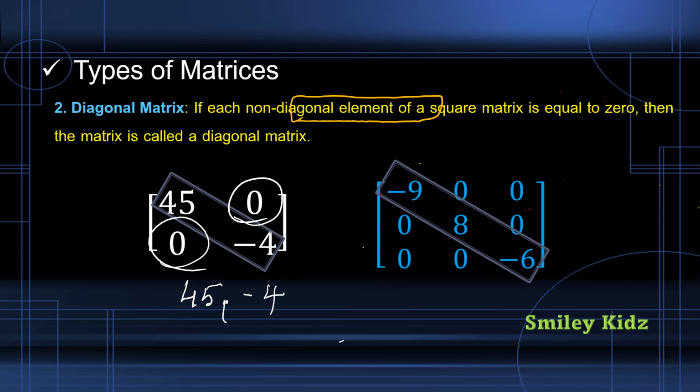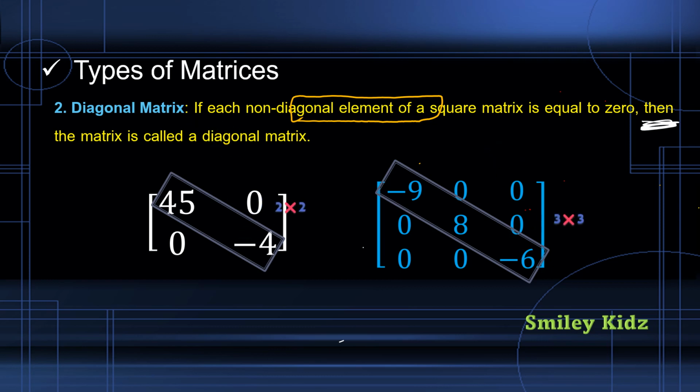Now, here, what is a diagonal matrix? If each non-diagonal element of a square matrix is equal to 0, that is, all the non-diagonal elements of a square matrix, if they are 0, then the matrix is called a diagonal matrix. That is, here we have 0, here we have 0.